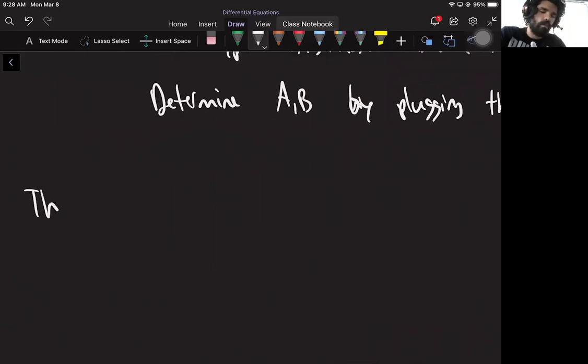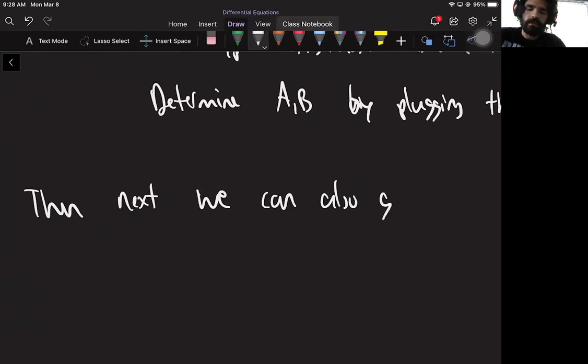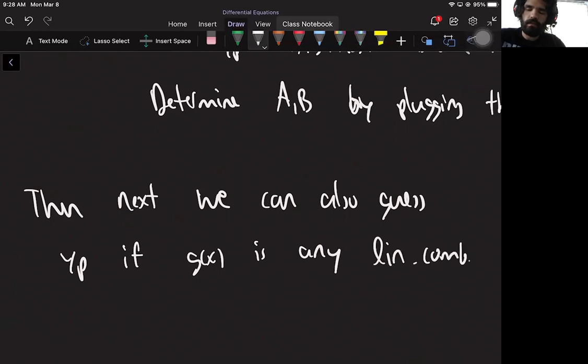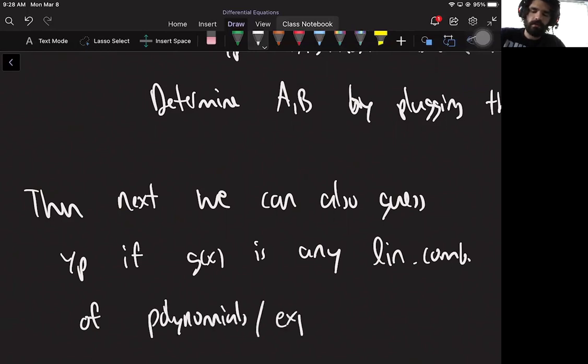Okay, so then next, you can also guess yp if g of x is any linear combination of the things we just did: polynomials, exponentials, or sines and cosines.